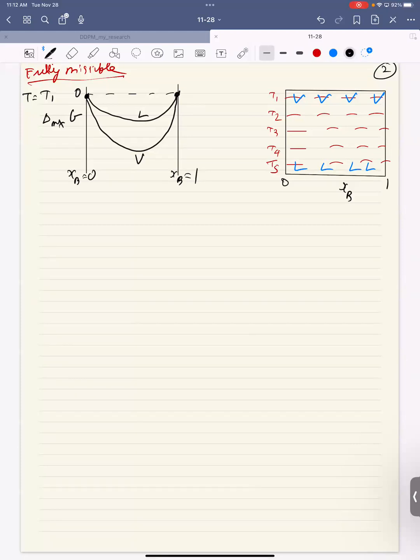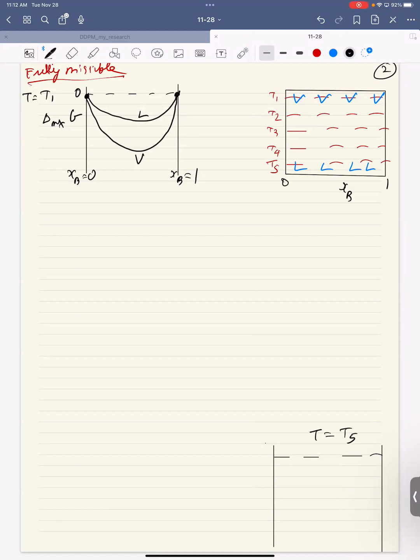Now, let's go on this end at the bottom of the page to the very, very highest temperature. T is equal to T5. At T is equal to T5, what do you expect these two curves to look like?